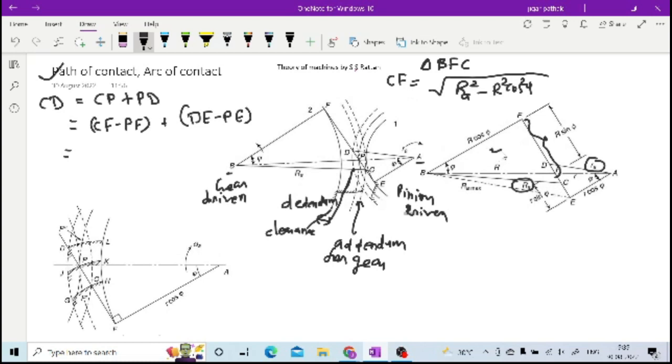So CF is the square root of BC square minus BF square, so RA square minus R square cos square phi. So this is how you get your CF.